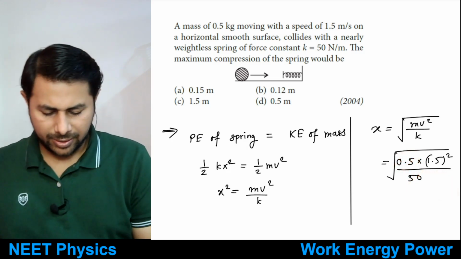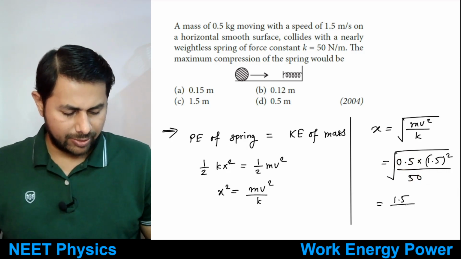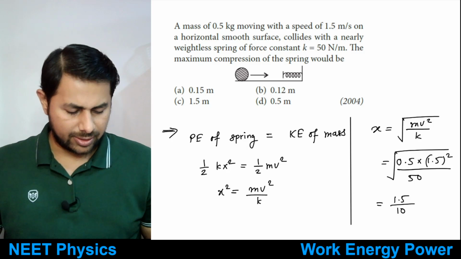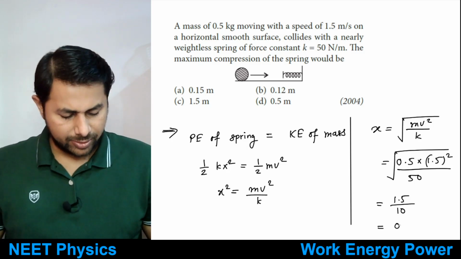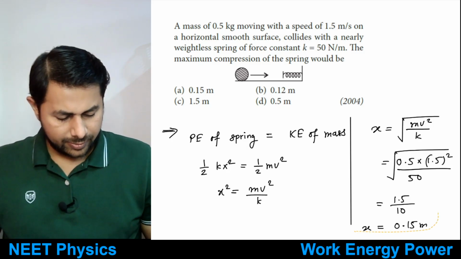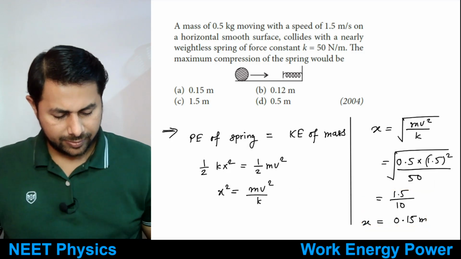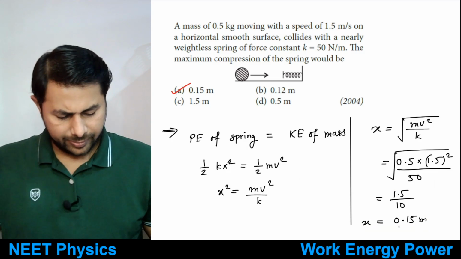Take square root of that. So it is square root of 1.5 square is 1.5, divided by square root of 100 is 10. So it is 0.15. 0.15 meters would be the answer. Right, this is the answer, so it's option A. Okay, so it's very simple.